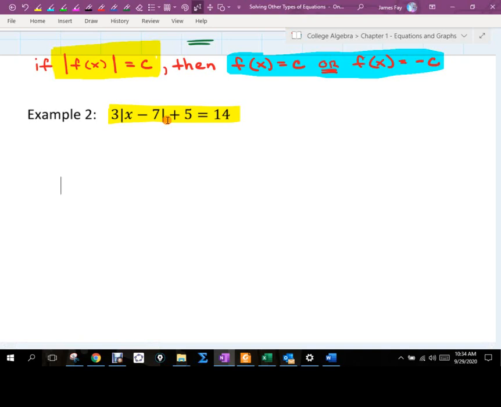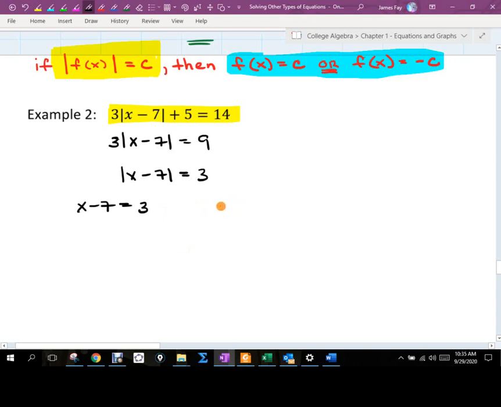Isolate the absolute value. So when I isolate the absolute value, I'm going to subtract 5 from both sides, right? And I'll have absolute value of x minus 7 is equal to 3, okay? So now, Anthony, what you're saying is that you take this and you leave it as x minus 7 equals 3, right?